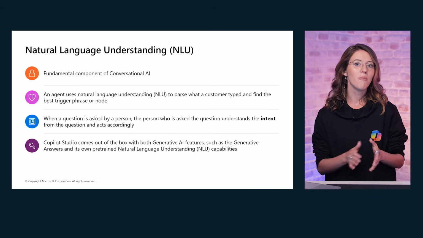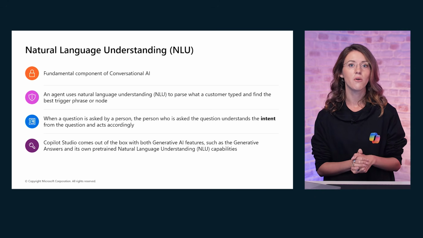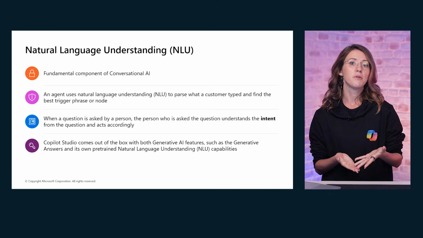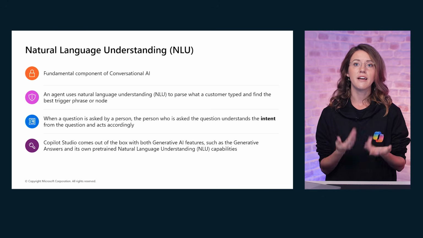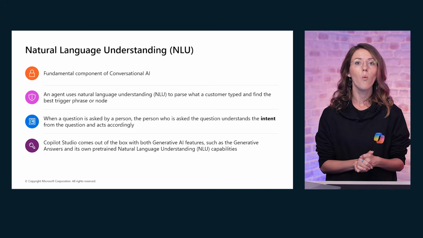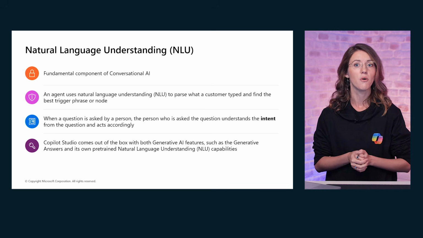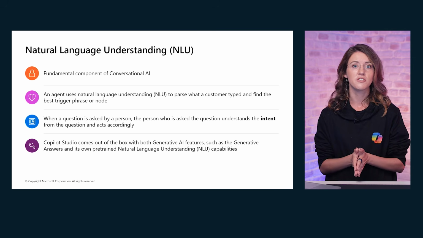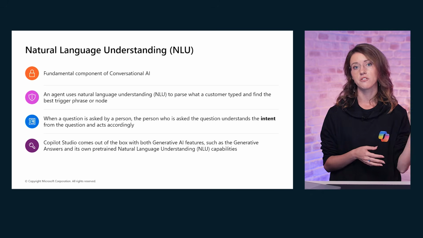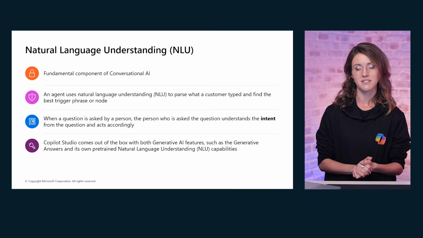A fundamental component of a conversational AI is natural language understanding, or NLU. Just like a person interprets the intent behind a question, an agent uses NLU to understand what the user typed and match it to the most relevant trigger phrases or nodes. Copilot Studio comes equipped with both generative AI features, like generative answers, and its own pre-trained NLU capabilities.